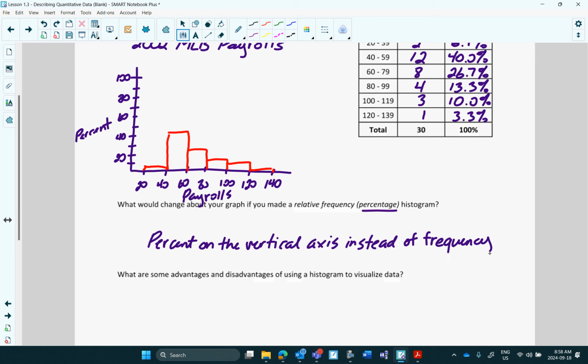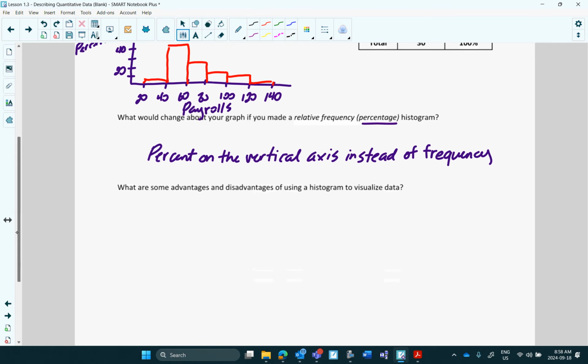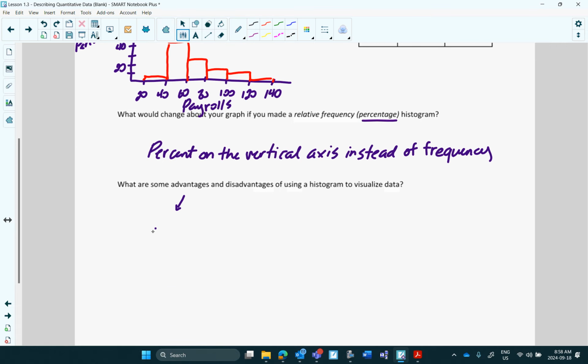And the advantages and disadvantages are really the reverse of the two previous graphs. The main advantage is that it's good for large data sets because you're breaking it into intervals. But the bad is you can't see individual values.